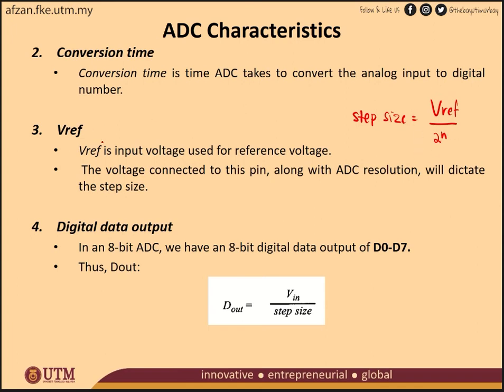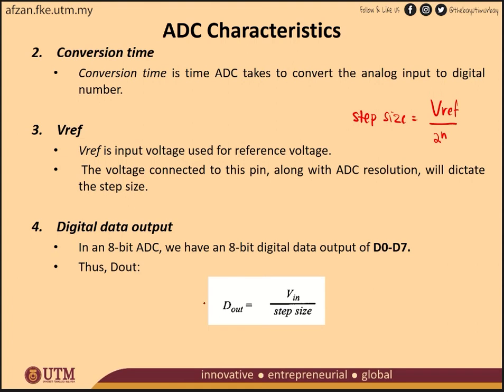Then the fourth characteristic that you need to know is the digital data output, the digital representation of a certain voltage. In an 8-bit ADC, we have an 8-bit digital data output which is from D0 to D7.